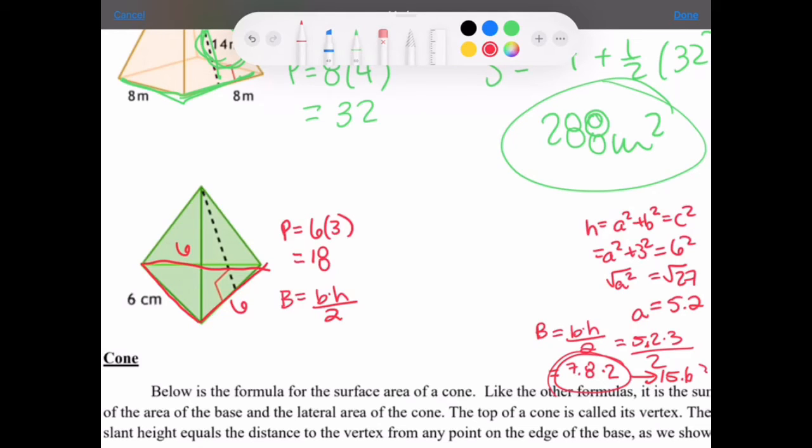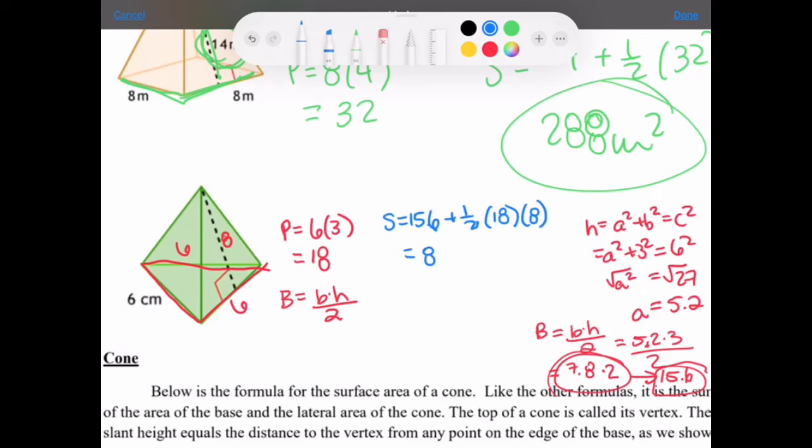So, that's how we're going to find the area of the base of a triangle. So it's a little extra work there, just be aware. Alright, and the last thing we need is the lateral height, and that's 8. Okay, so that's supposed to be labeled there. So put it all together. Surface area equals 15.6 plus 1/2 times 18 times 8.